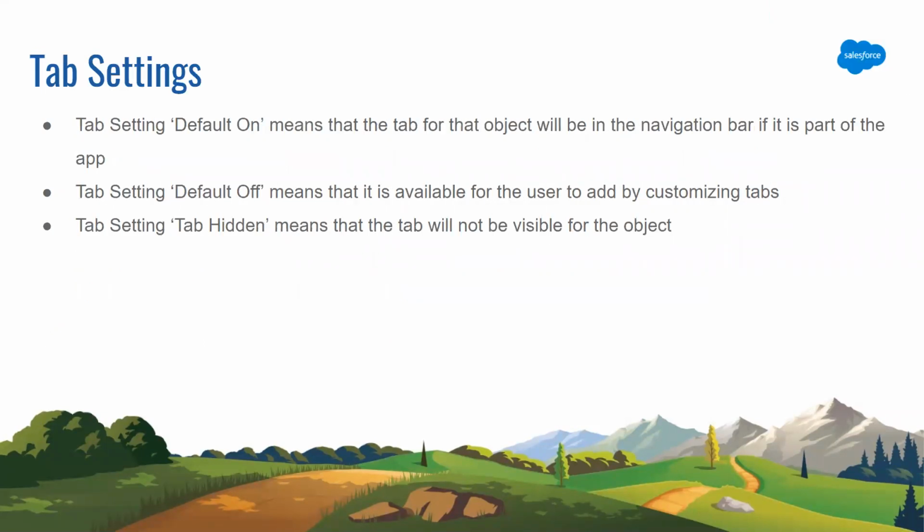And then the general tab settings, let me know if this is a lot of review. The 3 tab settings that you can set as the default are: default on, which means that people can see the object; default off, where they would have to go in and manually make it visible; and tab hidden, which means the object is essentially not visible for the user.